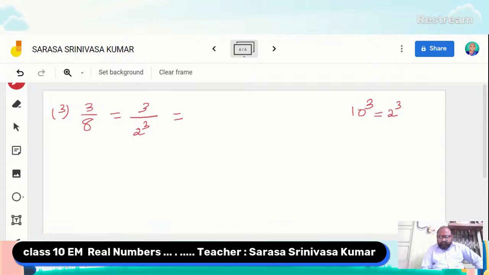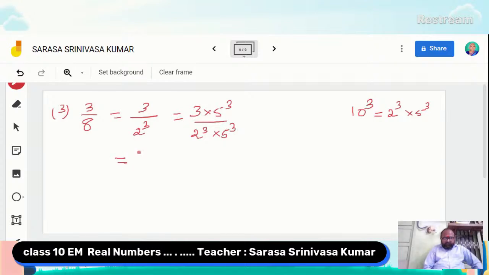So 2 power 3 multiplied by 5 power 3. So we should multiply and divide by 5 power 3, both in the numerator and in the denominator. That is 3 multiplied by 5 cube by 2 power 3 multiplied by 5 power 3.